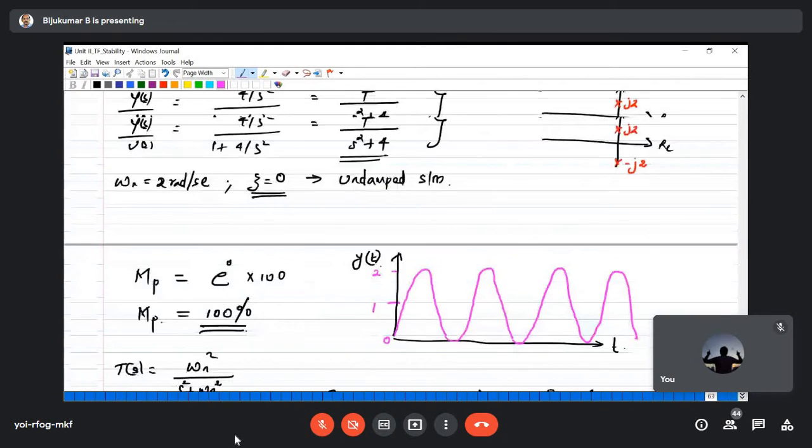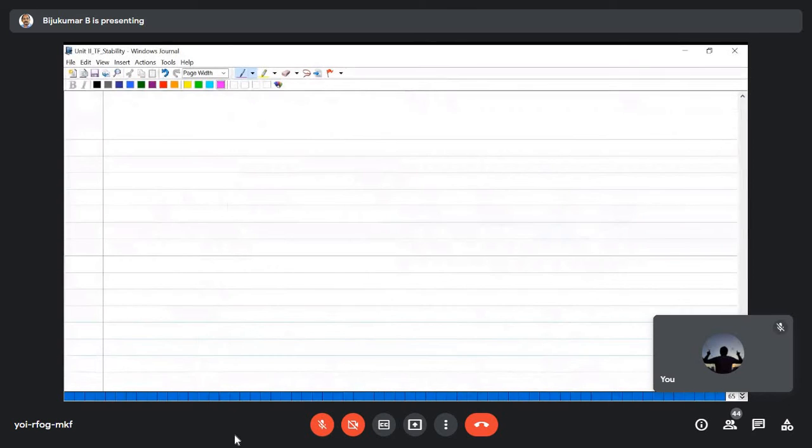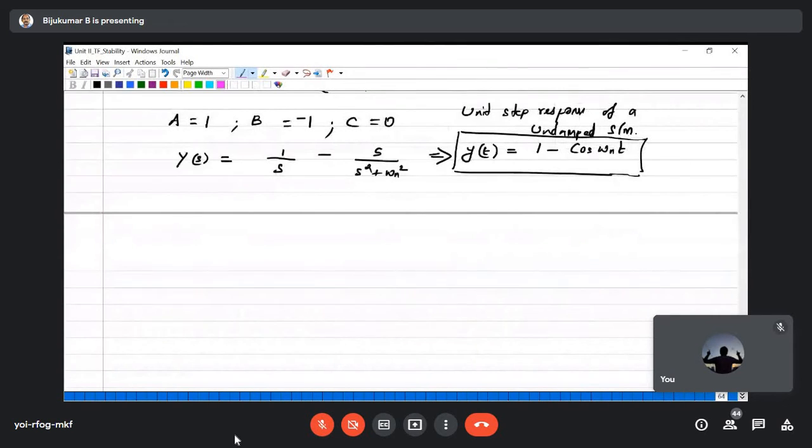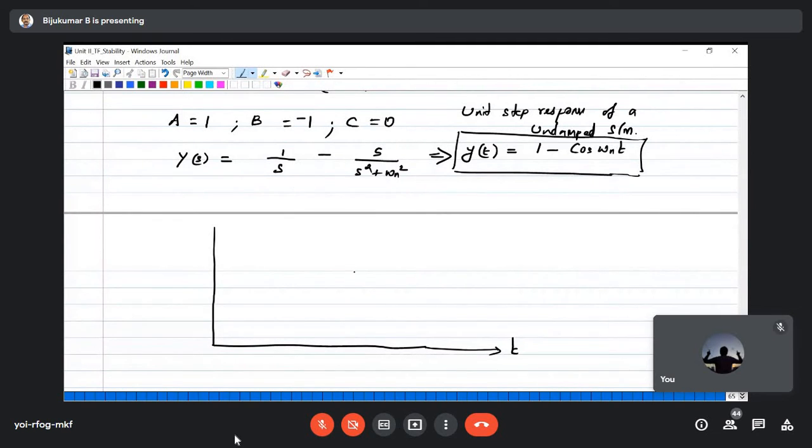So if we conclude, if we draw all the responses in a single graph, how can we conclude it? So with respect to zeta, the dynamics of the second order system is changing. Let it be y(t).